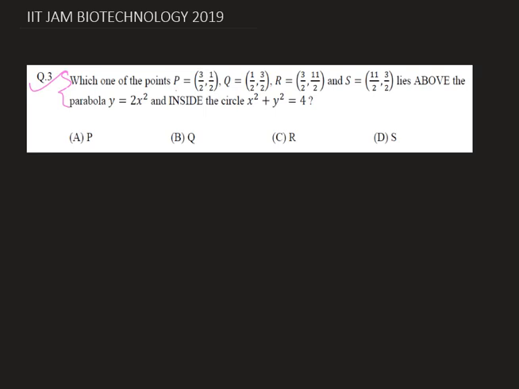Which one of the points P, Q, R and S lies above the parabola and inside the circle x squared plus y squared equals 4, and the parabola's equation is y equals 2x squared.